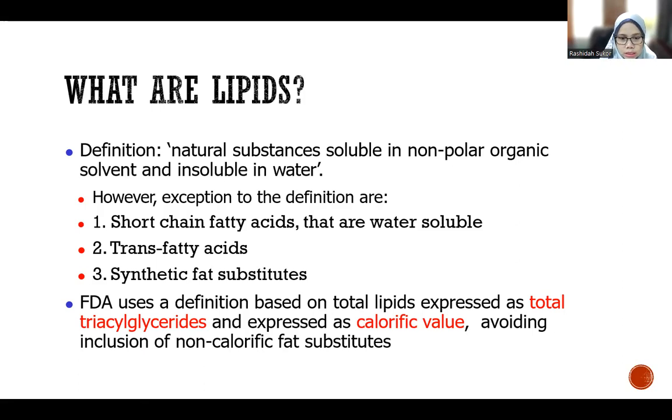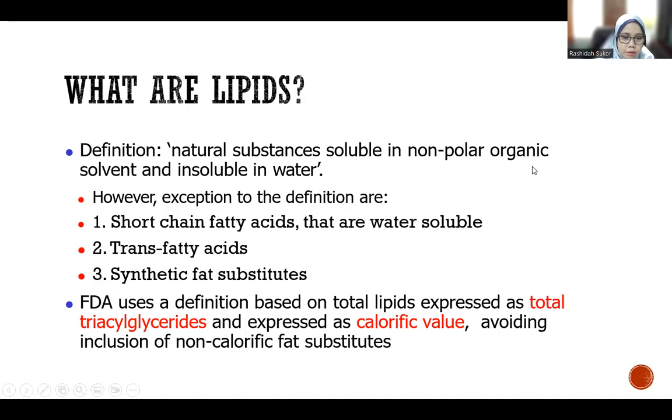Do you remember the solvent that we used to extract lipid during lab when we did the proximate analysis? That is another solvent that we use. Last time we used PET ether, right? Petroleum ether. Petroleum ether is also another non-polar organic solvent. So that's why we use that for extraction of lipid during proximate analysis.